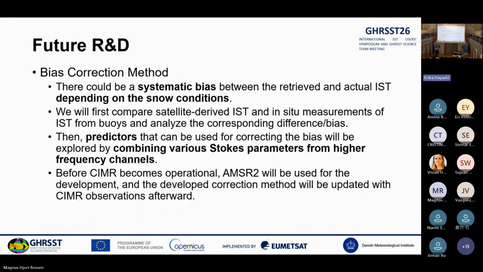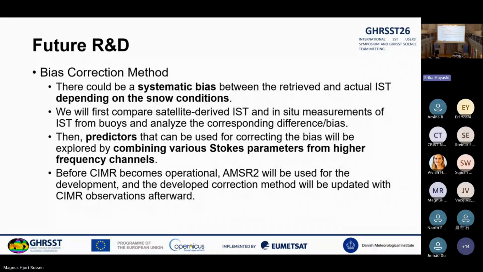And we have some future research and development plans. The first thing is the bias correction method. We expect there must be some systematic bias in our retrieval. Not only C-band, but there is also higher frequency information that will deliver some snow condition or temperature information.